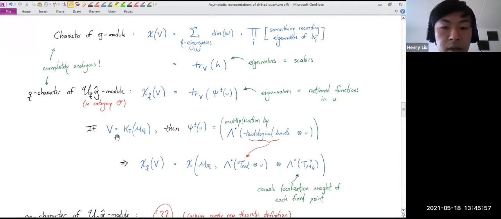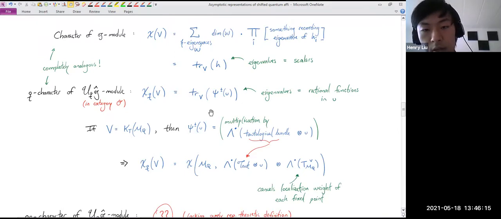So for these V, it's been known for a while, since work by Nakajima, that these loop Cartan generators, these psi plus minuses, these operators, in terms of geometry, all that they are is multiplication by the exterior algebra, or the wedge, of the tautological bundle on your Nakajima quiver variety.